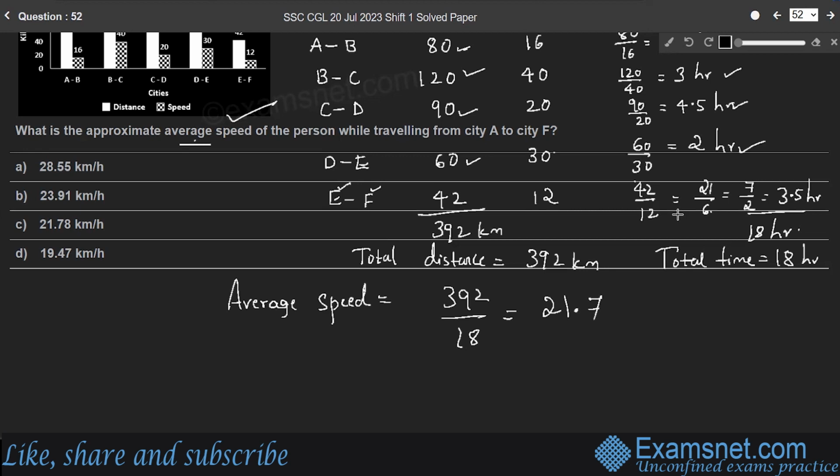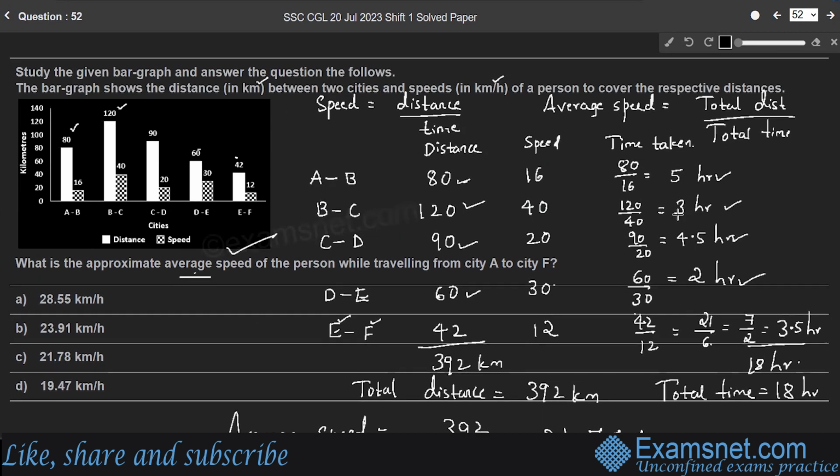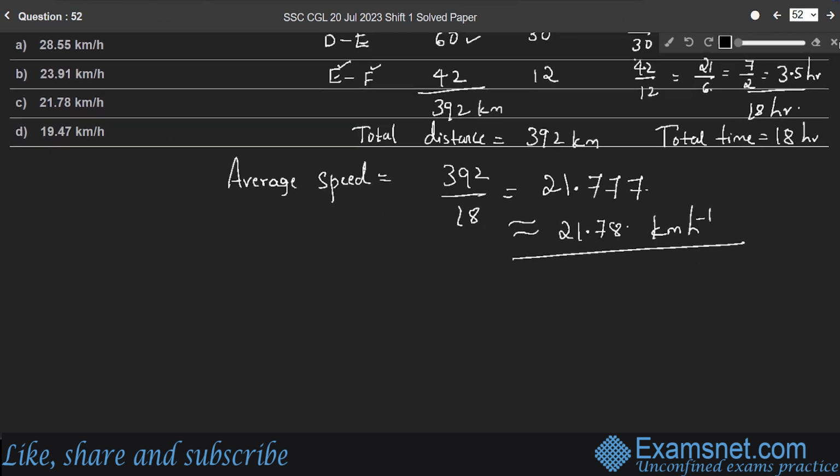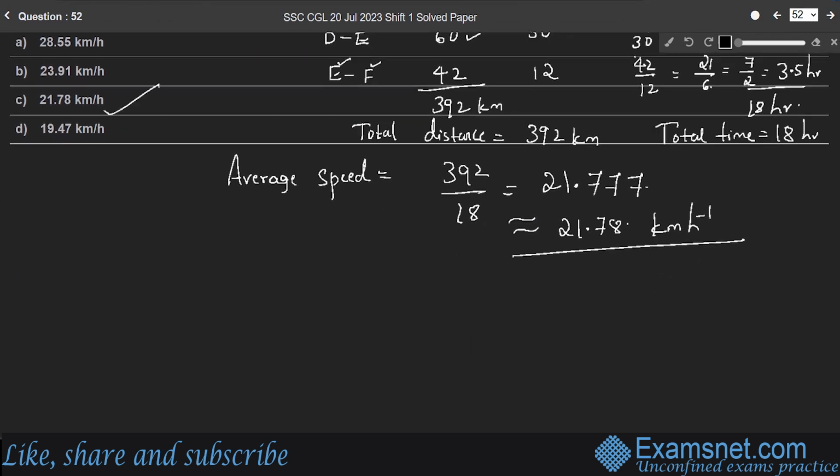It repeats, recurring. Therefore, it is approximately equal to 21.78 kilometers per hour. So the average speed of the person while traveling from city A to city F is 21.78 kilometers per hour. Option C is the right answer.